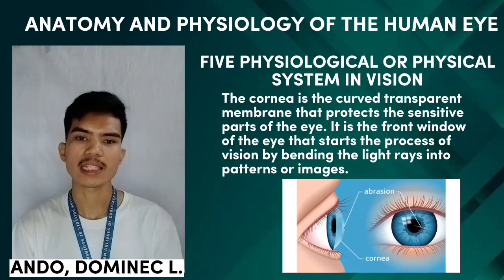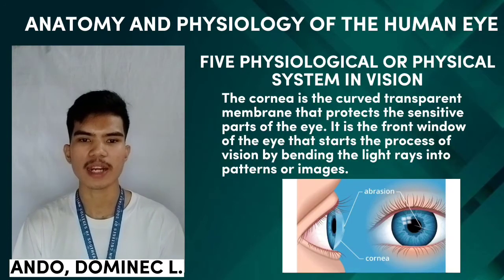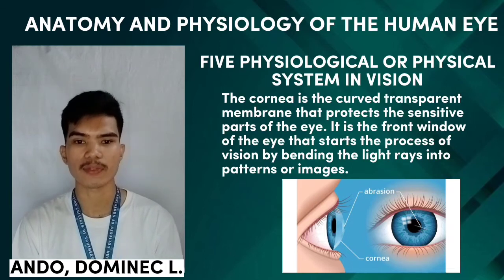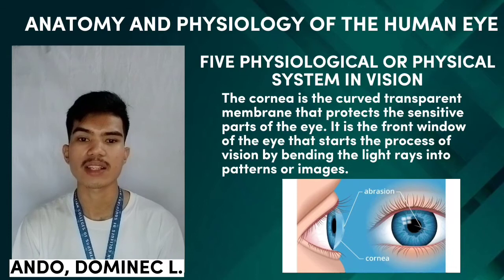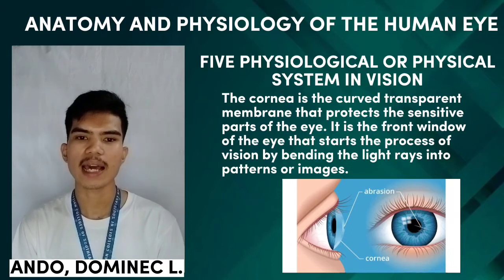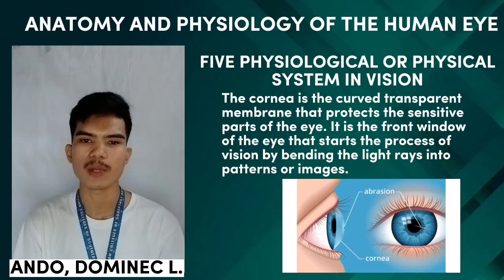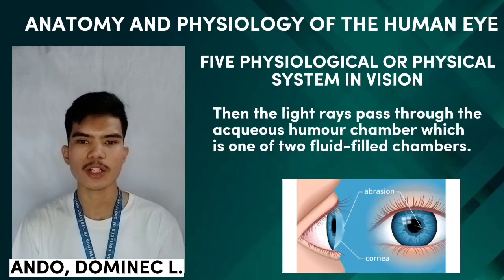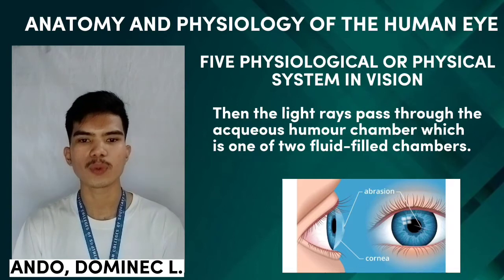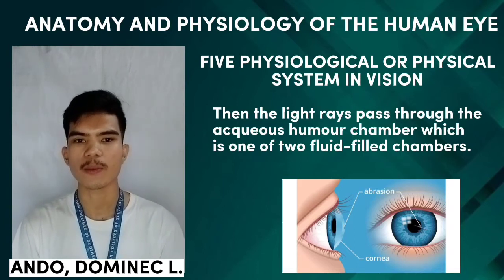The cornea is the curved, transparent membrane that protects the sensitive parts of the eye. It is the front window of the eye that starts the process of vision by bending the light rays into patterns or images. Then the light rays pass through the aqueous humor chamber, which is one of 2 fluid-filled chambers.